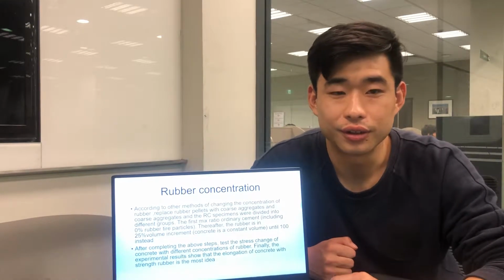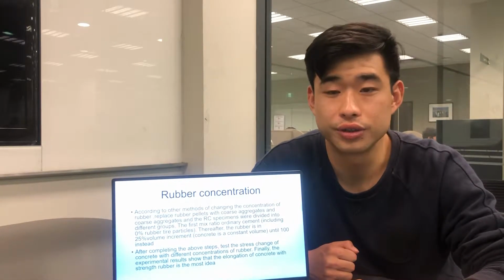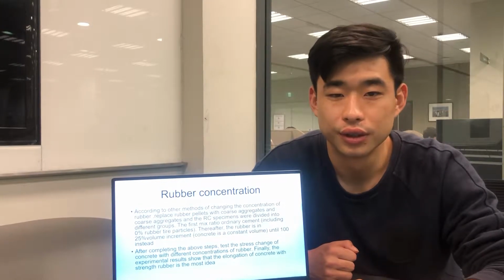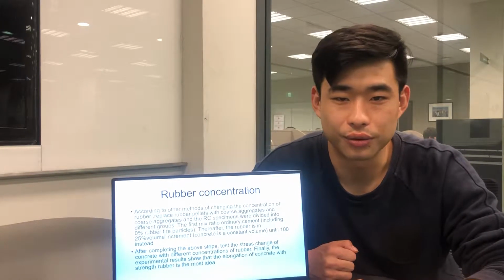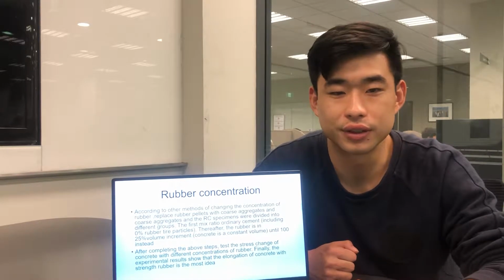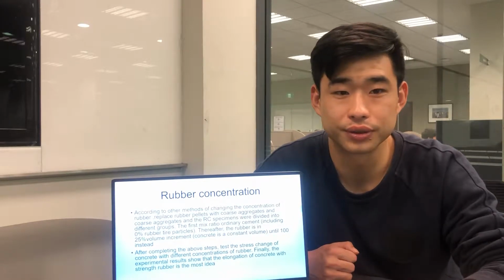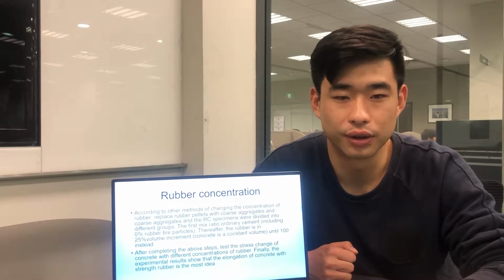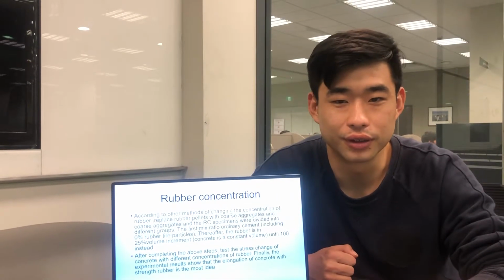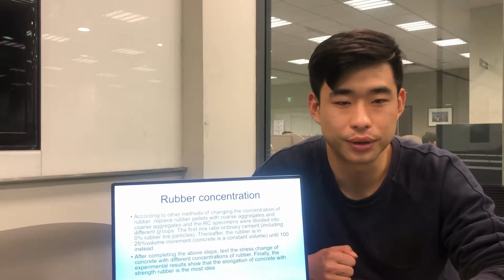According to the other method of changing the concentration of the rubber, repeat the rubber with the Carson aggregate and the RC special will divide into different groups. The first mix ratio always consists of the 0% rubber of tail parts.